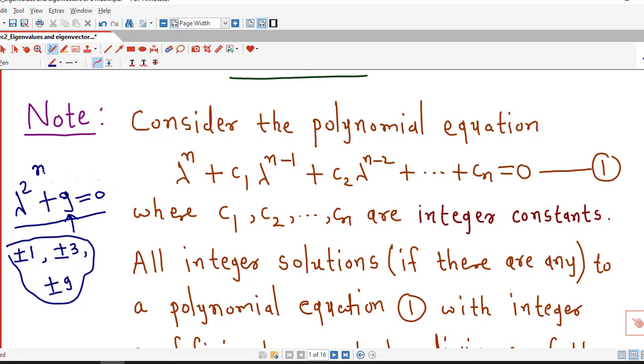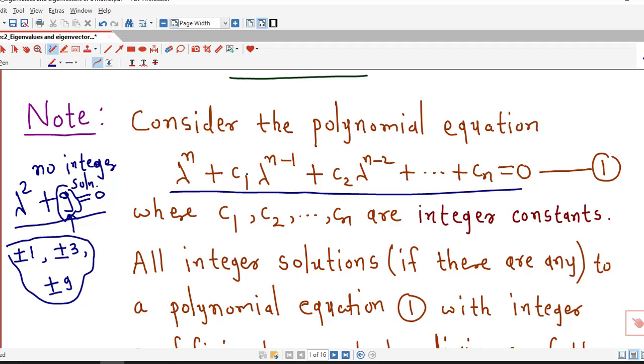So there is no integer solution for this equation, because if there were any integer solution, it would have to be a divisor of the constant term 9. Therefore this equation has no integer solution. So whenever we have this type of polynomial equation with integer coefficients, we can use this note to decide the roots of this equation.